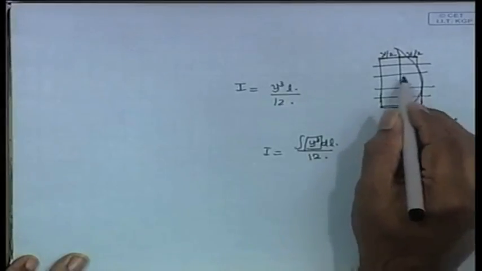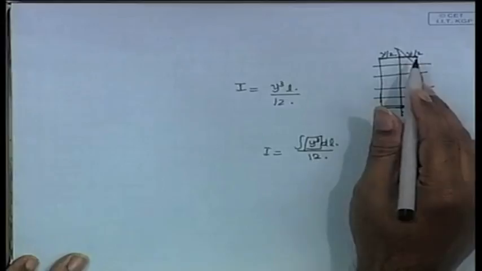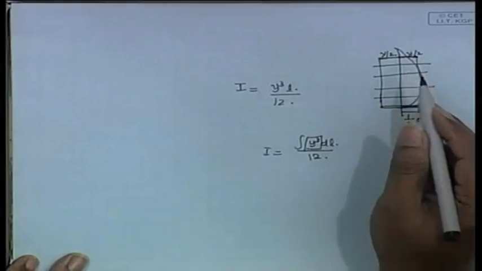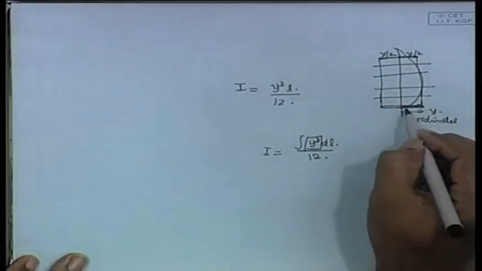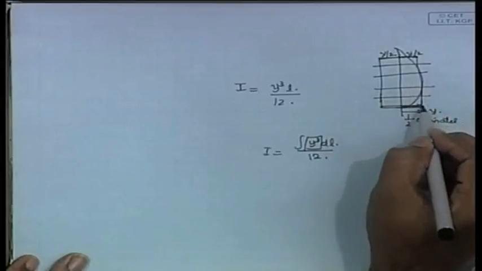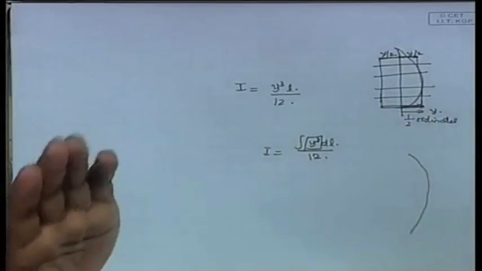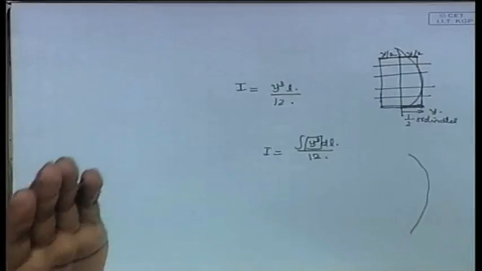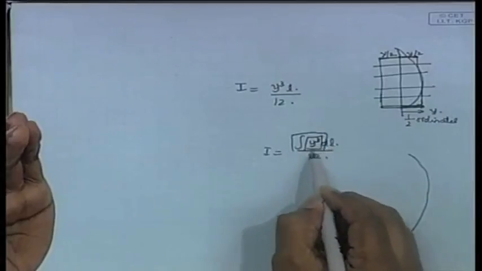These half ordinates cube you have to do at each station, and then you have to find the total, the summation. You have to sum the half ordinate cubed to get this I. So this half ordinate cube you have to sum over the whole length of the ship. That will give you your I. I am explaining from the basics so that you know what this I is and how it is coming here.